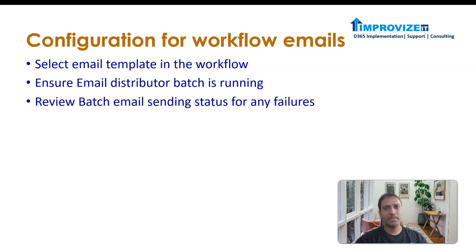It looks at the emails that are expected to go to the recipients and then sends the email to the approver. That is why it is important that this batch job is in the running state. There is also a form called review batch email sending status, which gives you information about the status of your batch email. Firstly, let's get into the system now, and then we'll come back to the PPT afterwards.